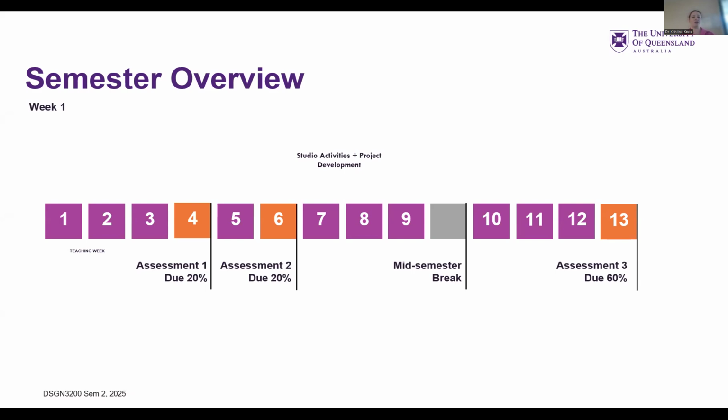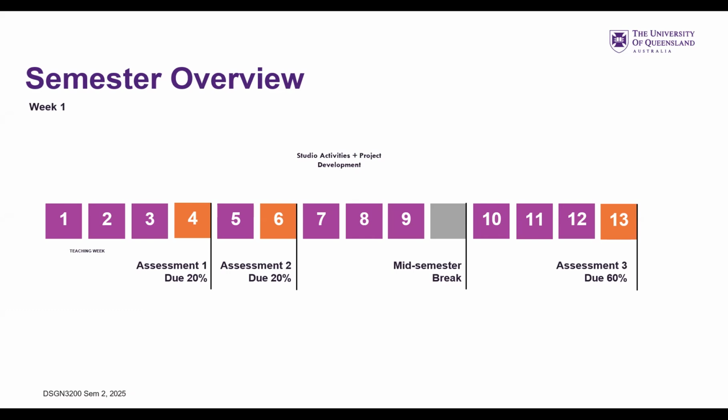And here is the overview of the semester. So we will have 2 assessments in the first part and a final assessment in the end. So 3 assessment tasks. 3 is a lot, but the first 2 are fairly light, which is, I think, good news.